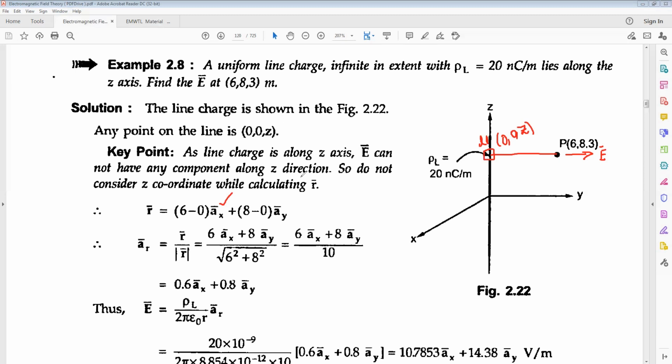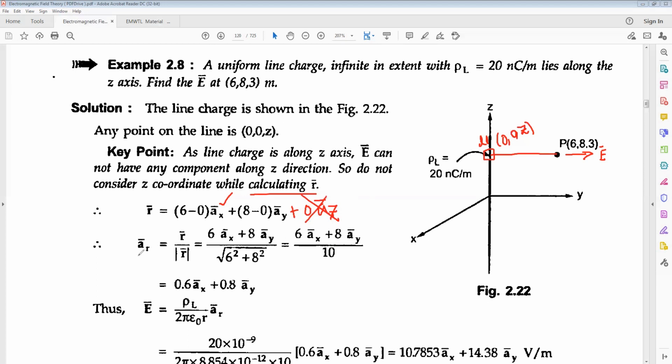So the Z component is eliminated. So do not consider the Z coordinate when calculating the R. So this value is 0 into AZ, eliminating the Z bar component.